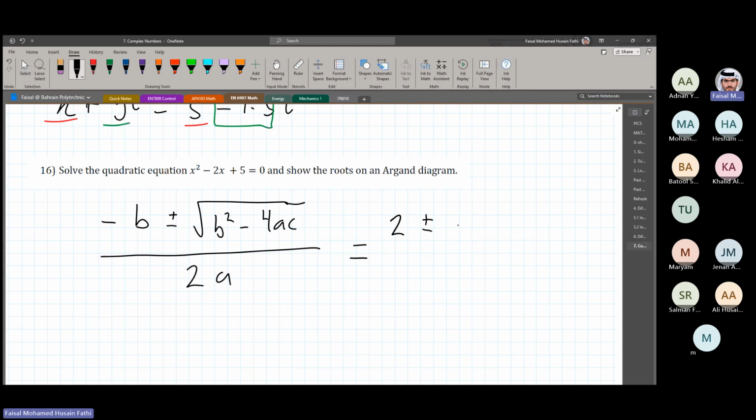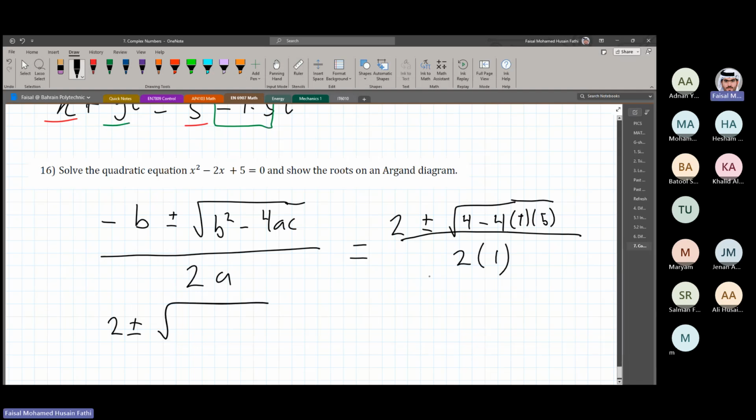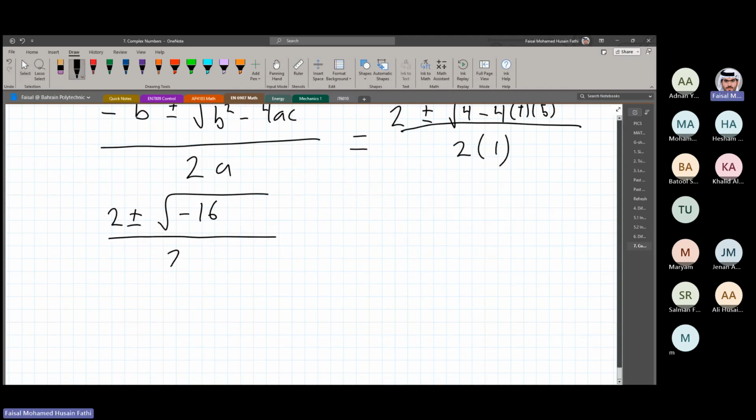Plus or minus square root. b squared is going to be 4, minus 4 times 1 times 5, over 2 times a, which is 1. Then 2 plus or minus the square root of 4 minus 20, which is minus 16, over 2.